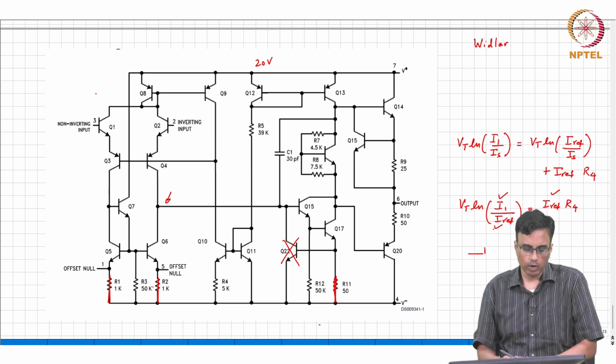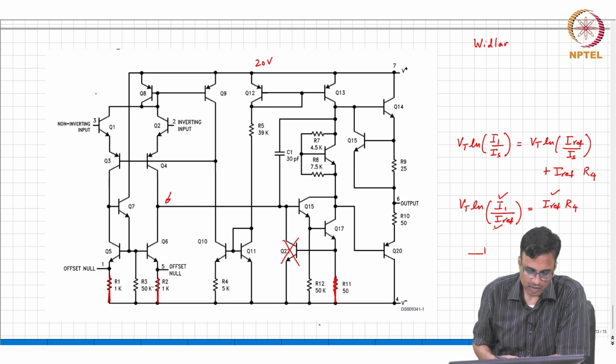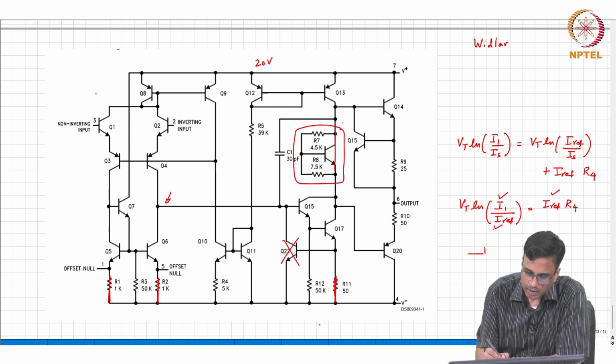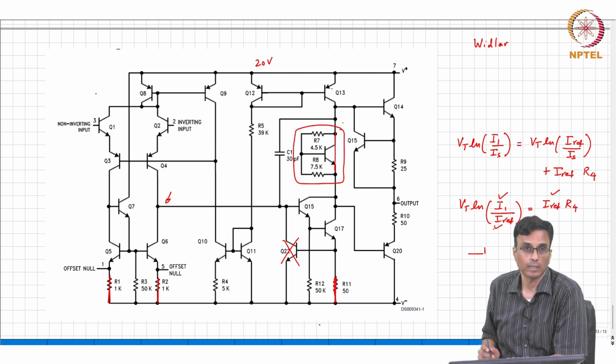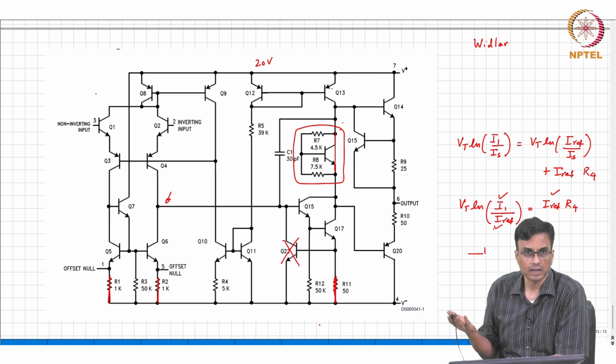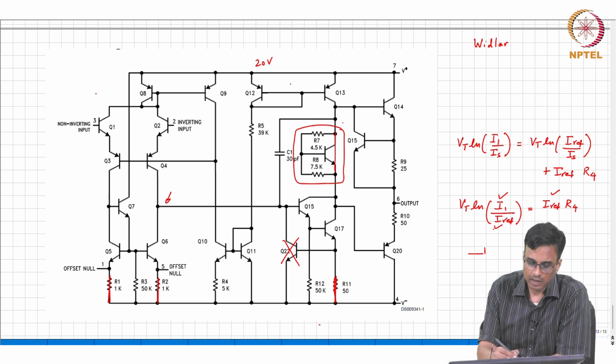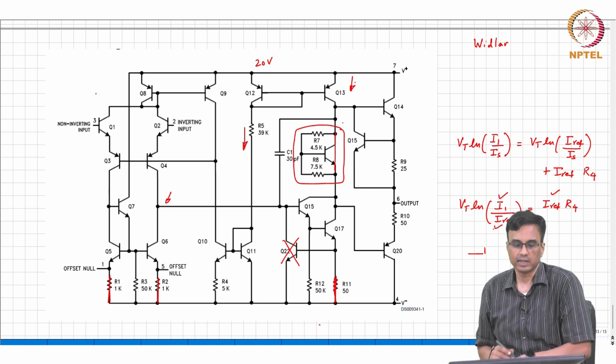Okay. Now, the second stage goes into, now for the time being again let us assume that this is a short circuit. Okay. What is Q13? It is simply a current mirror: whatever current is flowing here is mirrored there.